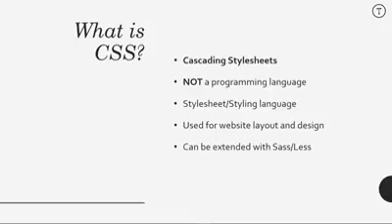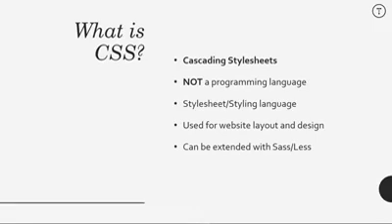Alright, so let's talk a little bit about what CSS actually is. It stands for Cascading Style Sheets. And like HTML, it's not a programming language. It's actually a style sheet or a styling language. It's used for website layout and design, and it's used alongside of HTML. Now, it can also be used with other markups like XHTML, XML, SVG, but it's most commonly used with HTML.